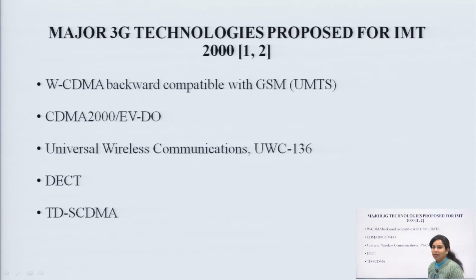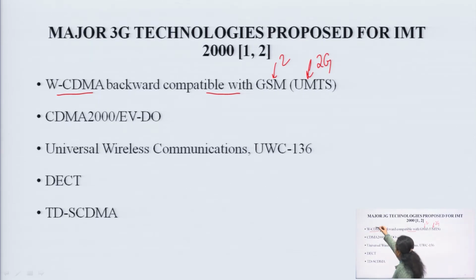Then next are the major 3G technologies proposed for IMT-2000. These are some of the techniques that are proposed, based on this third generation. The first one is wideband CDMA, that is WCDMA, backward compatible with GSM. Now, GSM is second generation, UMTS is also a second generation technique.